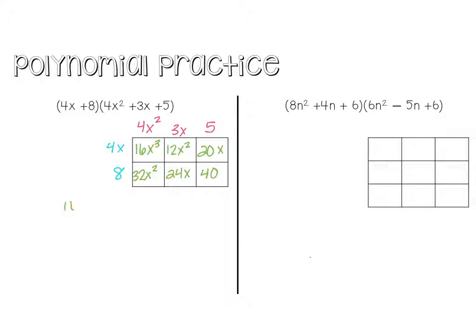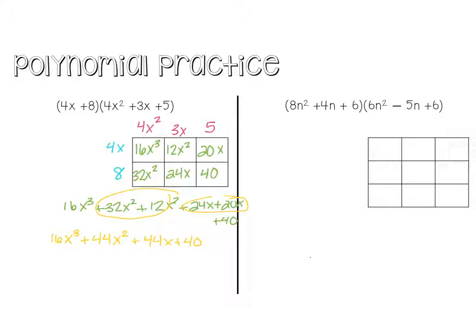So that becomes 16x cubed plus 32x squared plus 12x squared plus 24x plus 20x plus 40. So I'm going to combine my like terms, and I end up with 16x cubed plus 44x squared plus 44x plus 40.